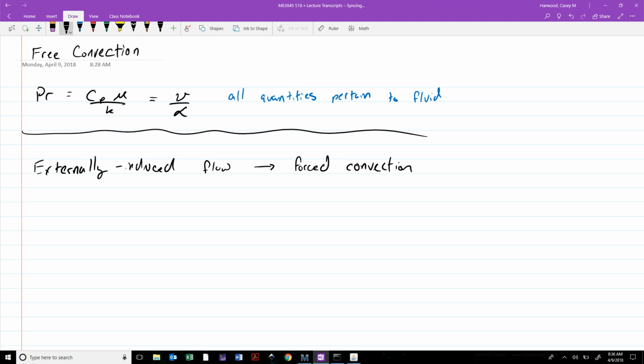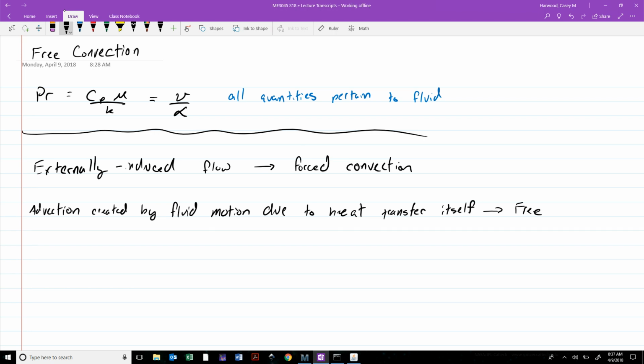So that advection, externally supplied versus advection created by fluid motion due to free or natural convection.